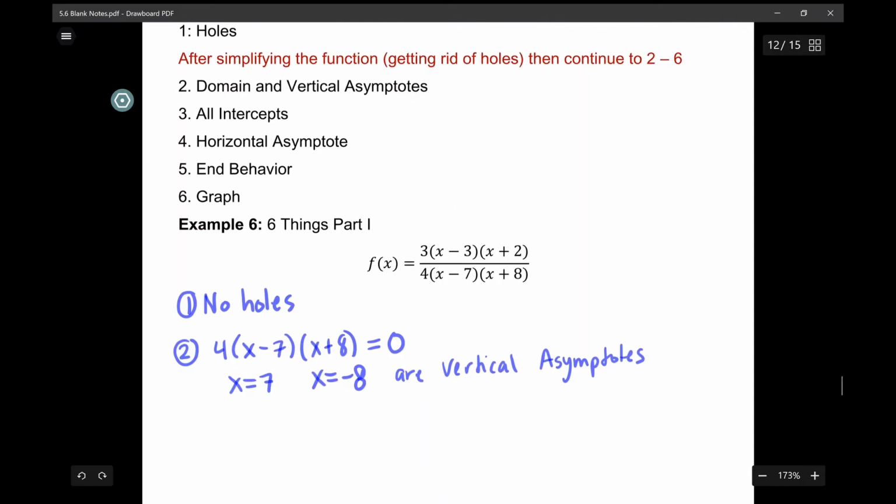And the domain is going to be equal to minus infinity up to minus 8, union from minus 8 to 7, excluding those endpoints, and 7 to infinity.